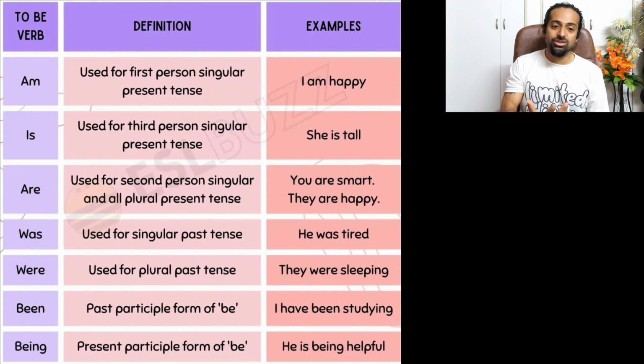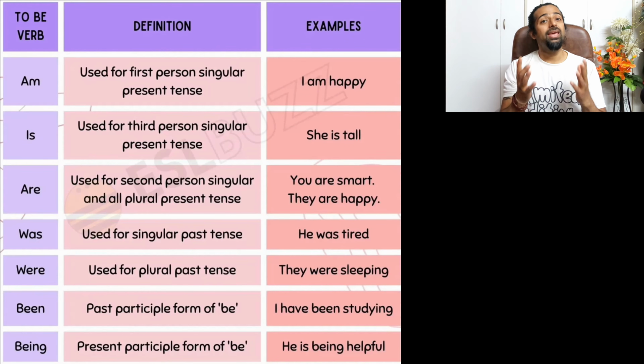Are. Are is also used for present tense. Used for second person. Okay, so example: You are smart. They are happy. They are traveling. They are coming. You is used as a second person.